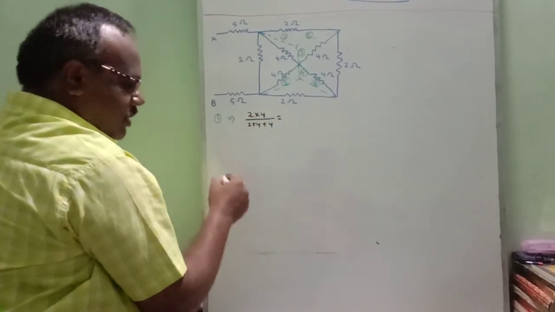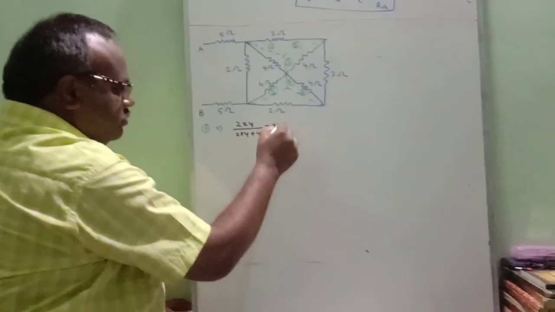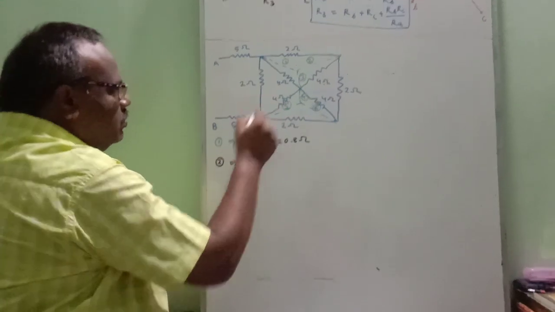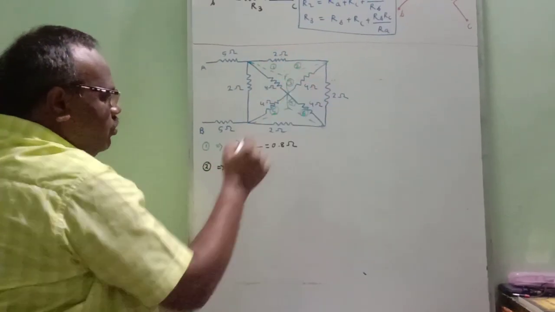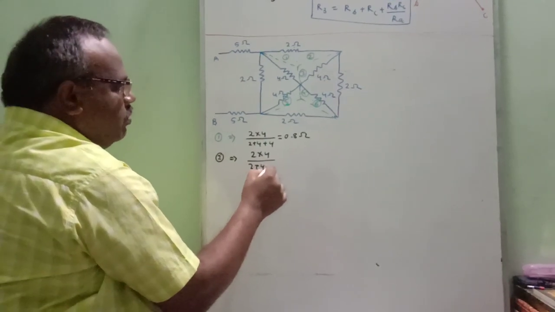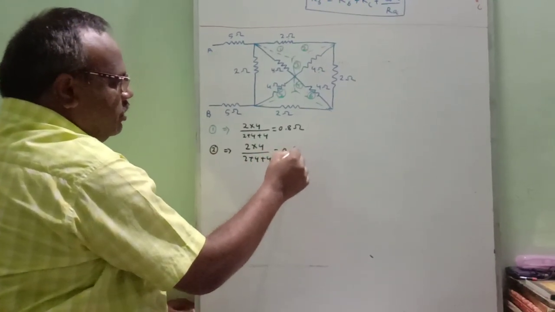So it is 8 by 10. So it will be 0.8. If you do the second arm, this is 2 into 4 divided by 2 plus 4 plus 4, again it is 0.8.